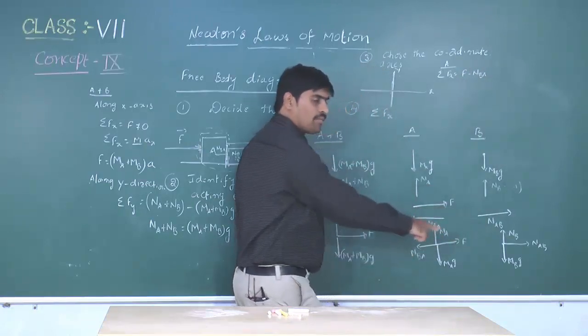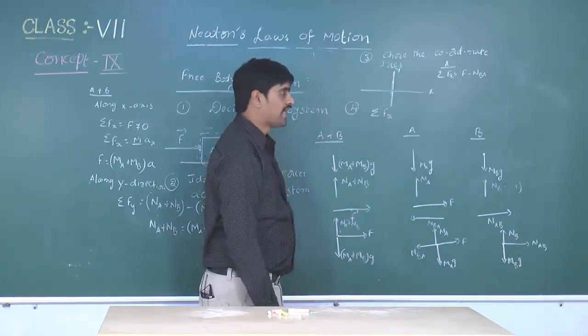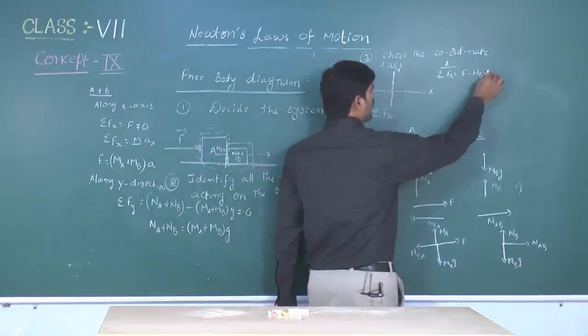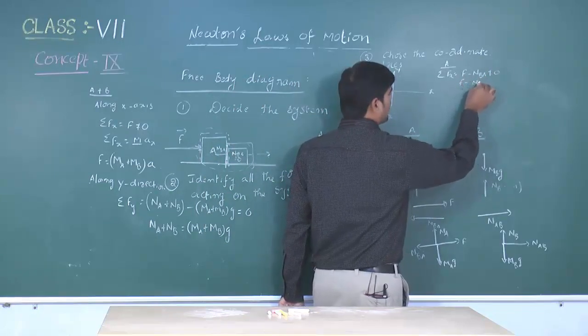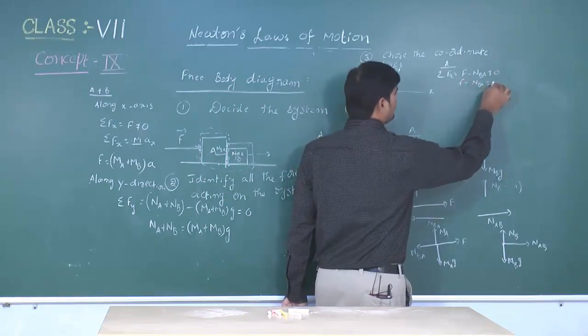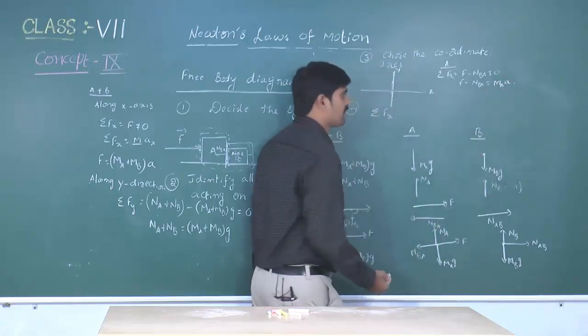F is acting along positive x direction, NBA acts along negative x direction. So that is also not equal to 0. So then F minus NBA is equal to mA into a.